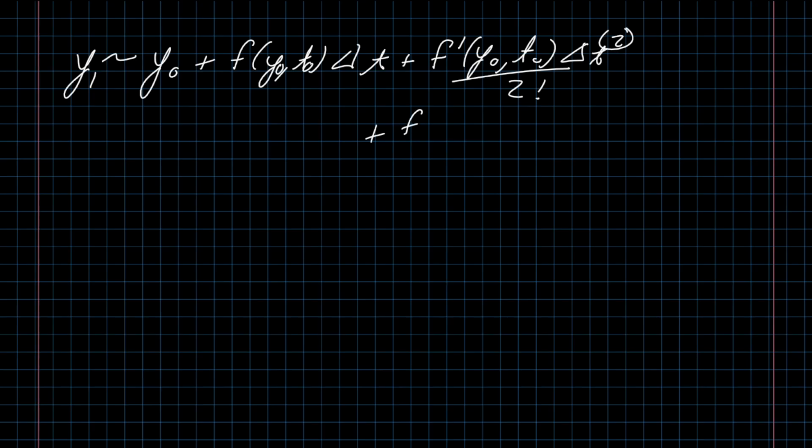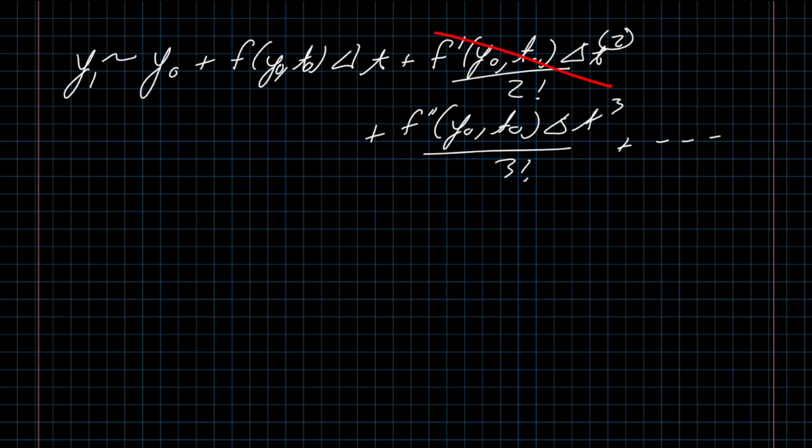And you could continue with the next derivative. And you can keep going from there. Euler's method cuts off everything else. We call that a truncation error.